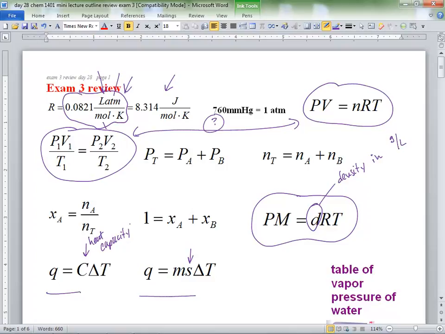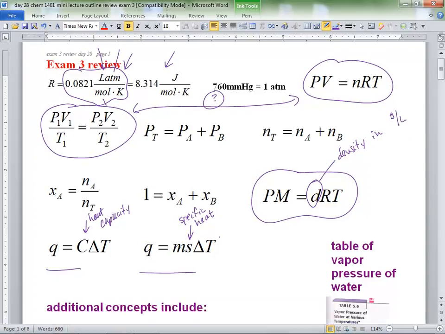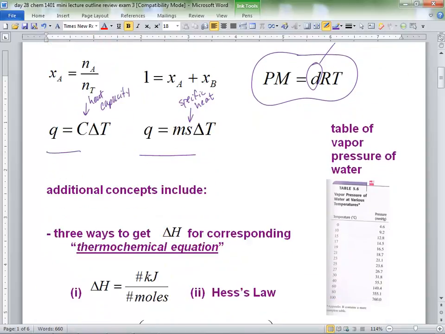What was this one called? No, don't go back. If you don't remember, you don't remember it. You want to help her? Specific heat. Specific heat. Okay, specific heat. And okay, that's a couple ways to get little q, heat.